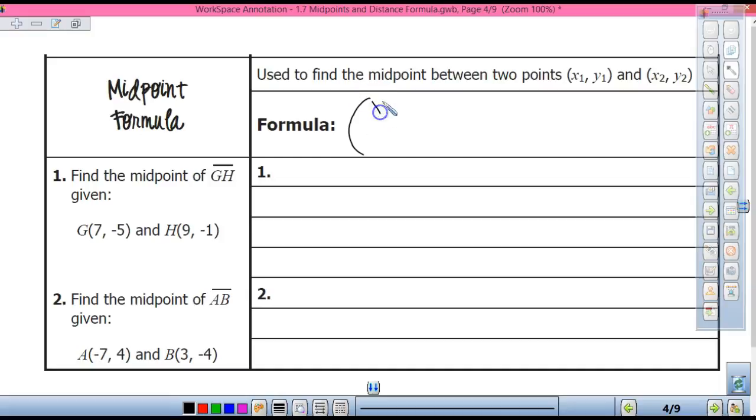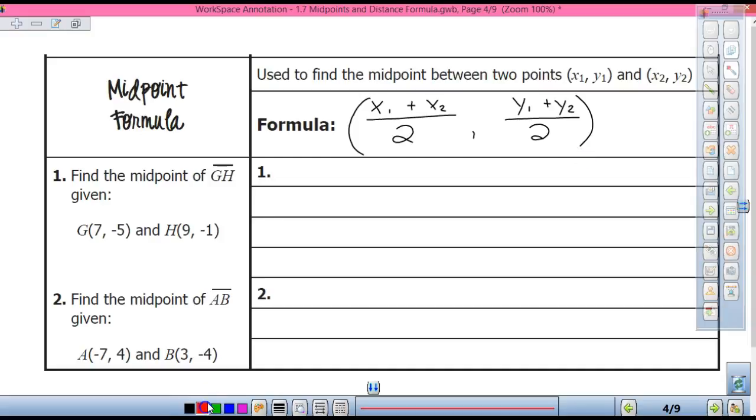So we're just going to add together our x's. x1 plus x2 divided by 2, comma, y1 plus y2 divided by 2. Because the midpoint, we're going to get a point. Points always have to be in parentheses. Okay, must be in parentheses.